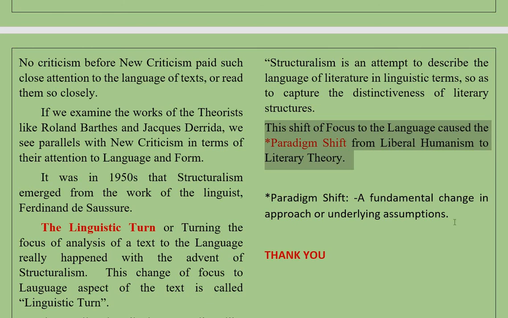Here, the shift from liberal humanism to literary theory is called the paradigm shift, a change in the approach or assumptions. So, that is the linguistic turn: the change of focus to the language aspect of the text.